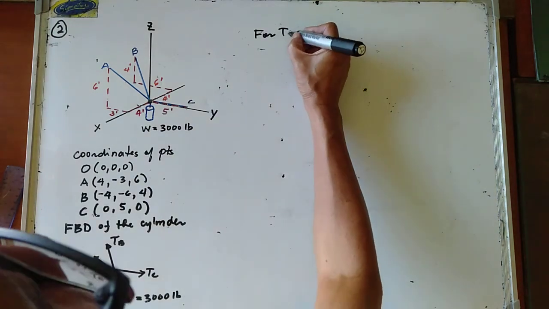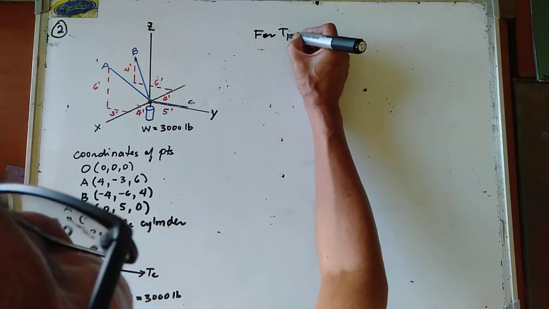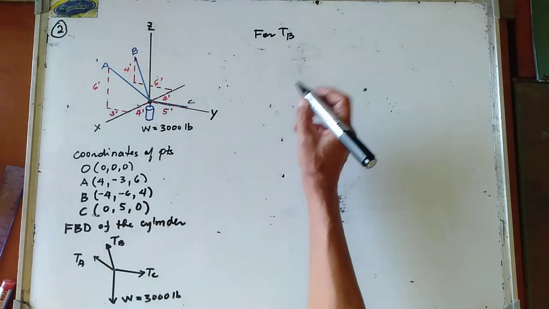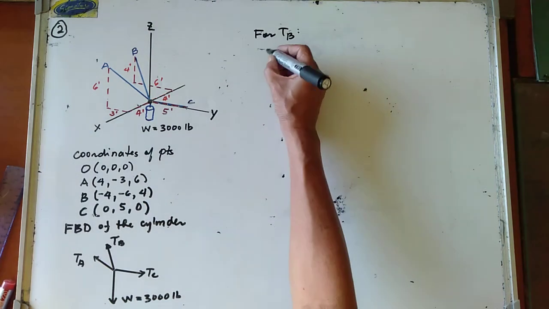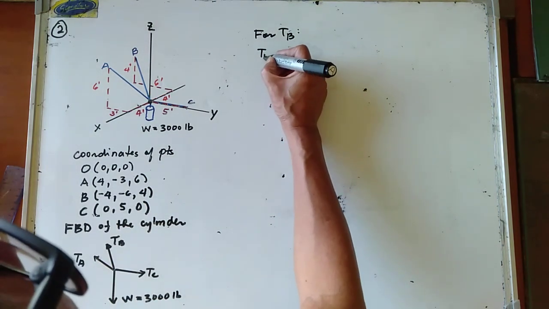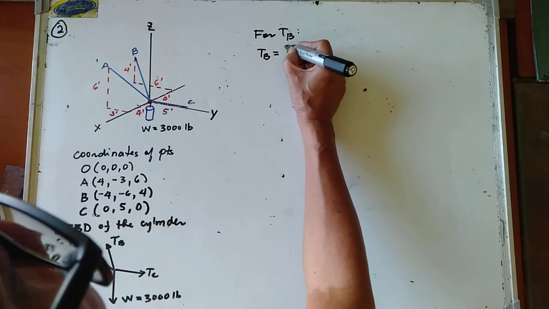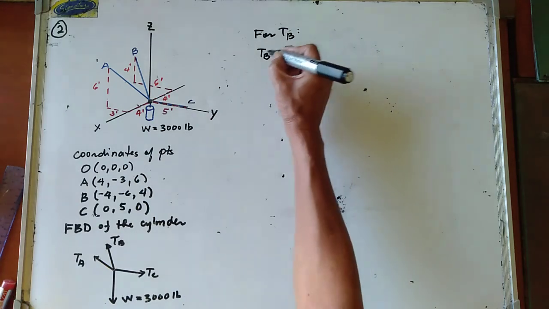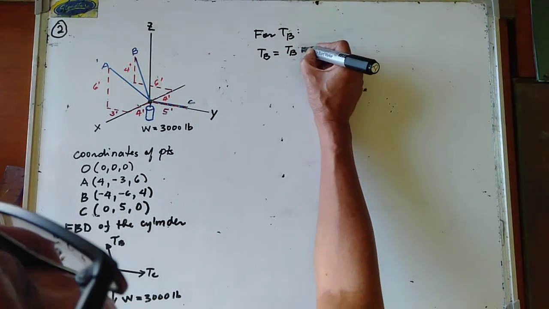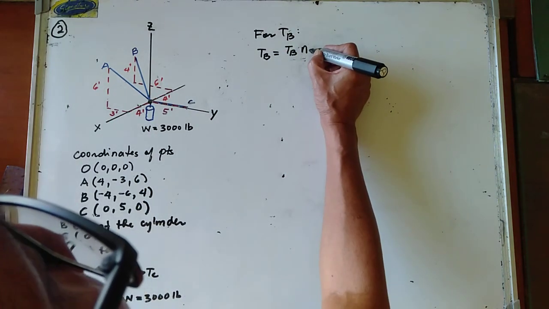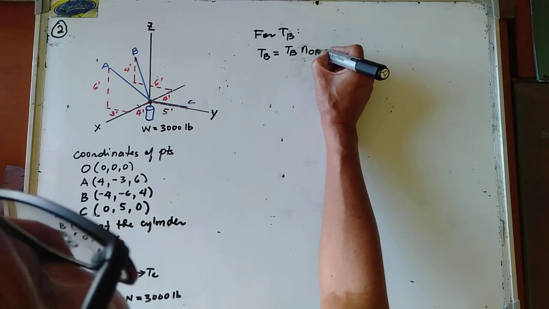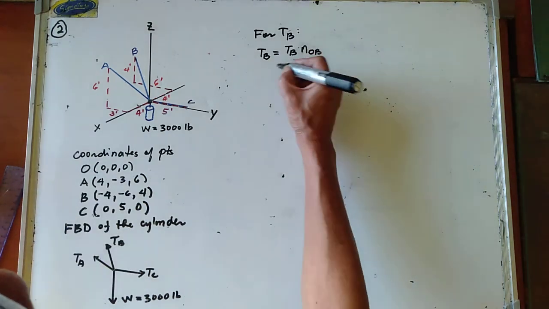Now, for the tension in cable B. Again, your T sub B is equal to the magnitude of this vector multiplied by a unit vector in the direction OB.